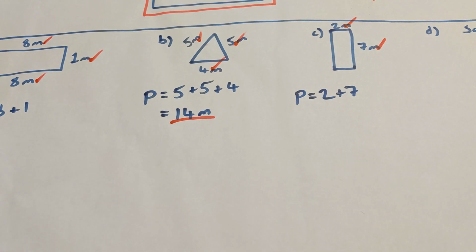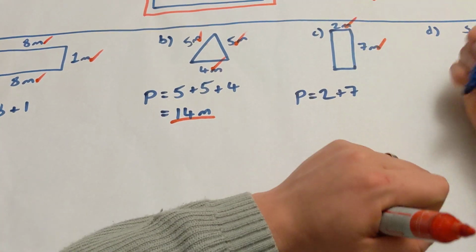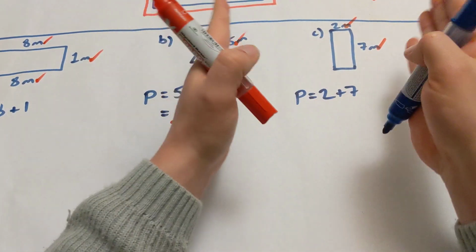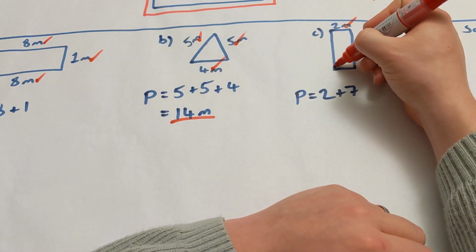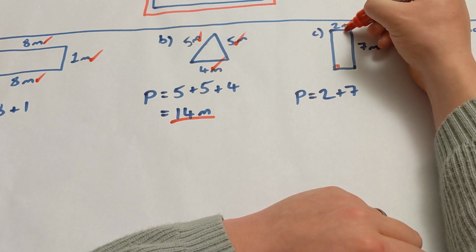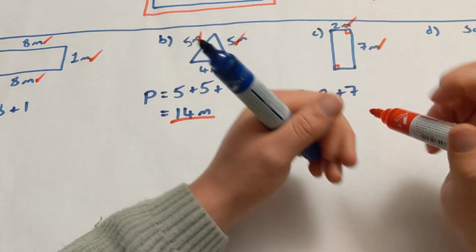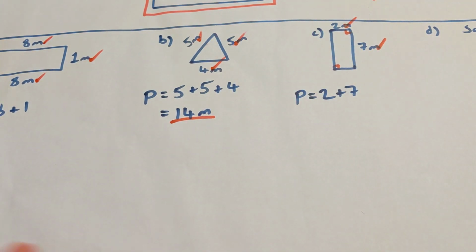Now, what we have to assume is that this shape is completely level and straight with each other, okay? You may be familiar with little bits like this. They mean a right angle, which means all the sides are level with each other, okay?